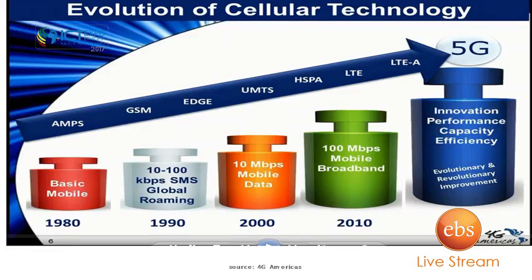Now, let's take a quick look at the evolution of cellular technology. As you can see, in the 1980s, the basic mobile system was started, which was known as AMPS. This was just with analog technology.